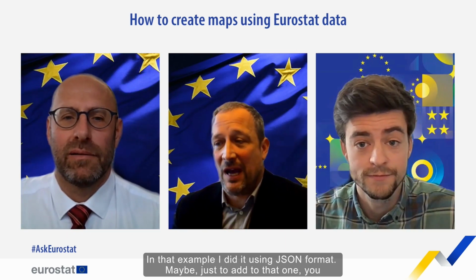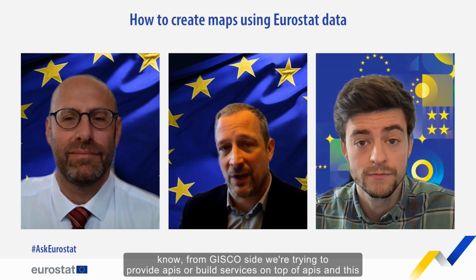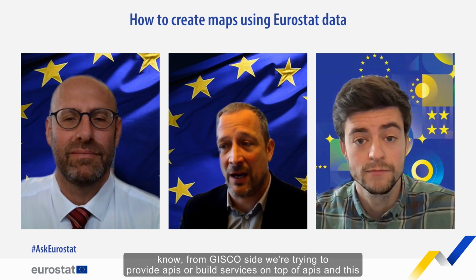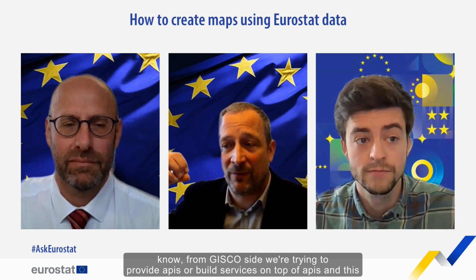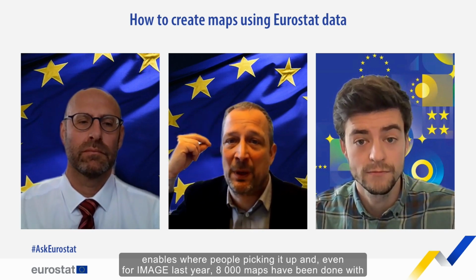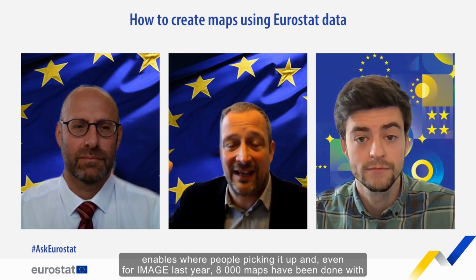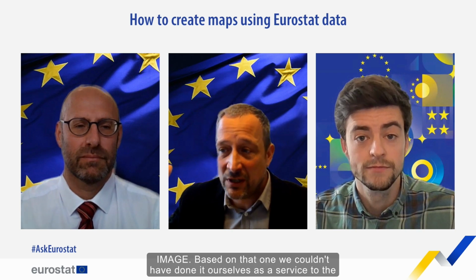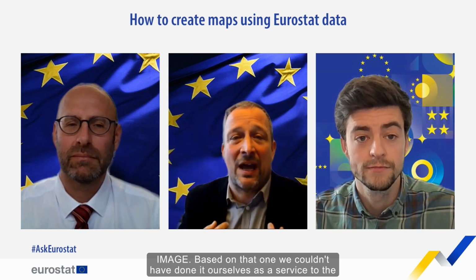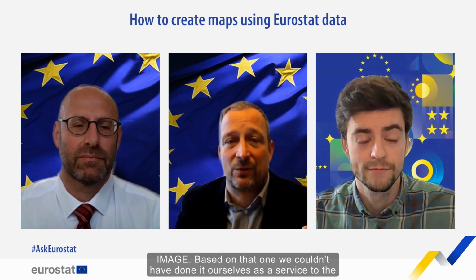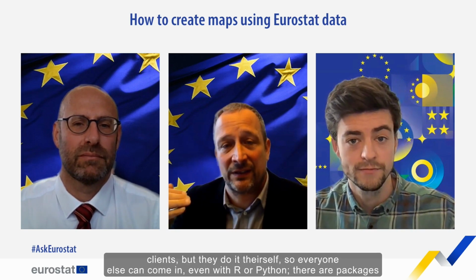And maybe just to add to that, from JISCO's side, we're trying to provide APIs or build services on top of APIs, and this enables people to pick it up. Even for image, last year 8,000 maps have been done with image. We couldn't have done that ourselves as a service to the clients, but they do it themselves.